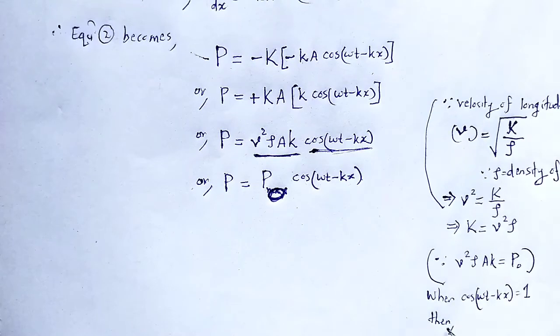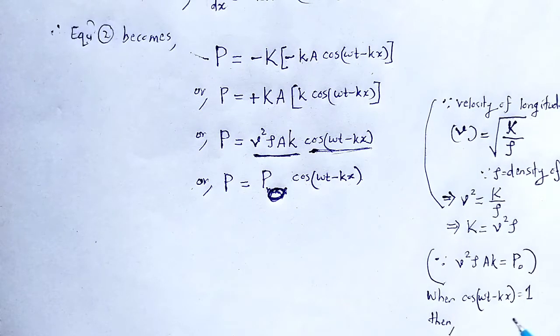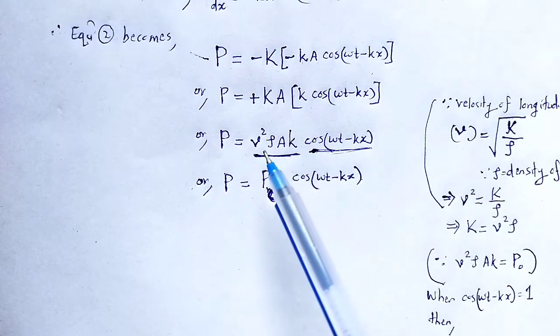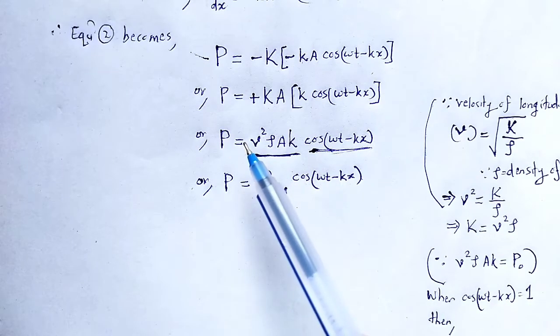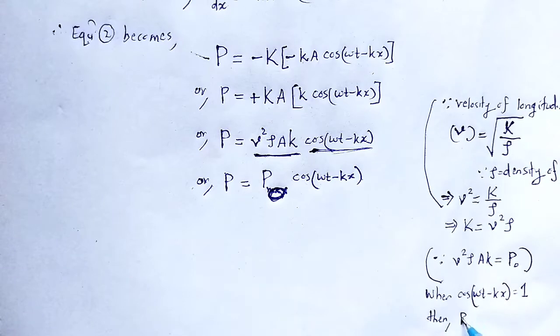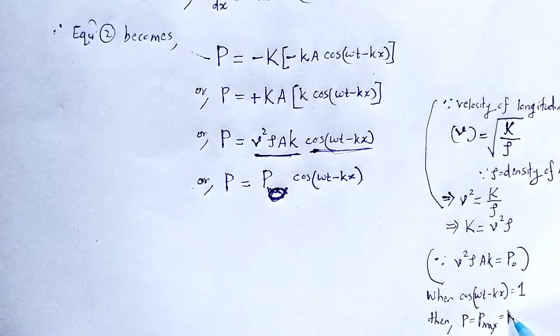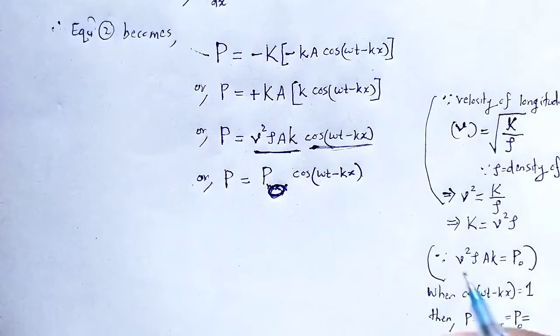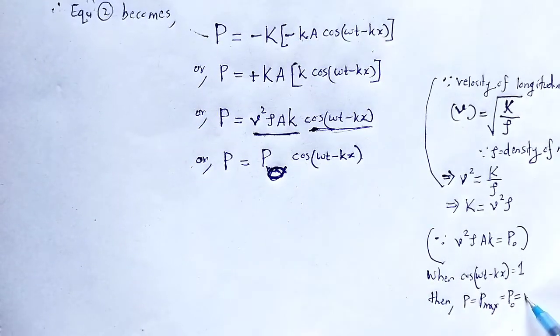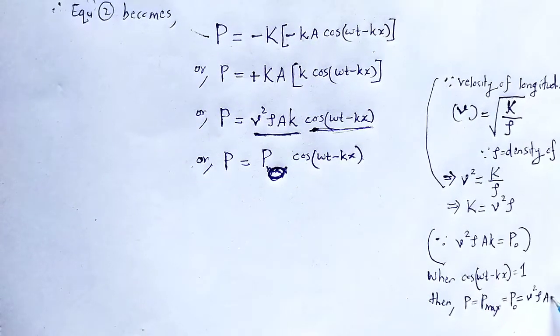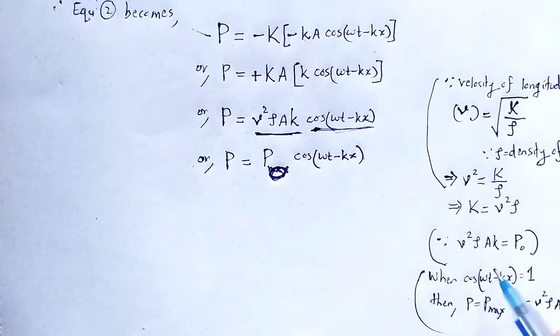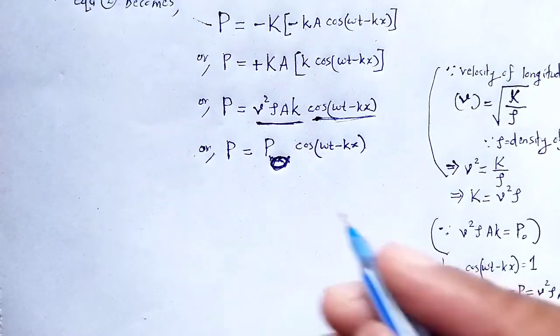Then that term P is equal to P max, which is known as P naught, equal to v square rho a k, as we defined.